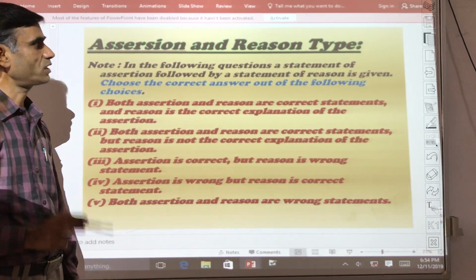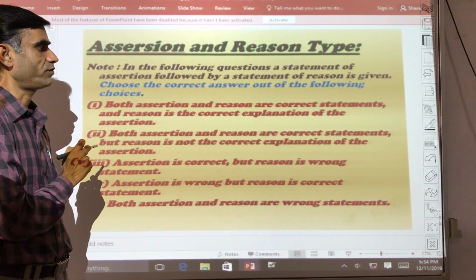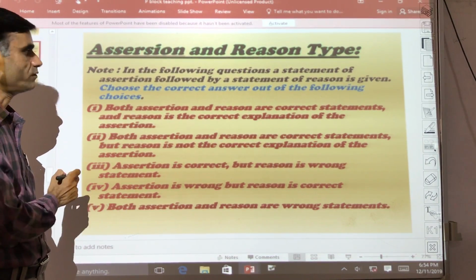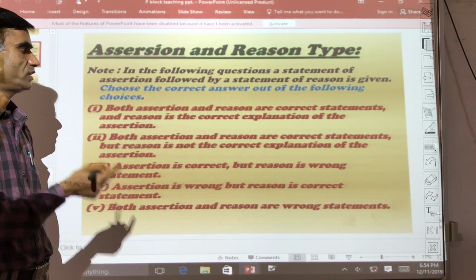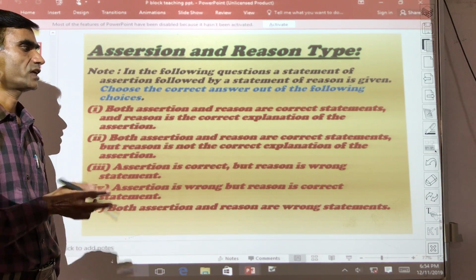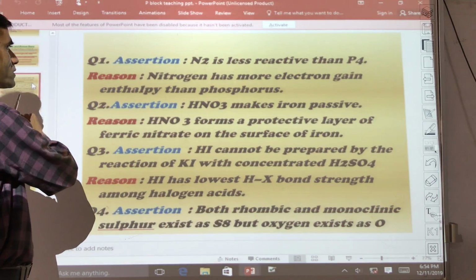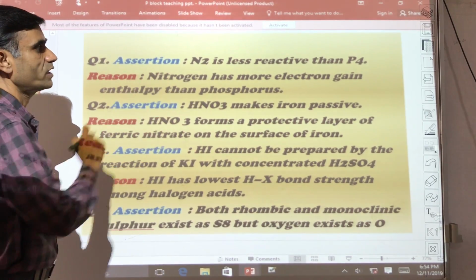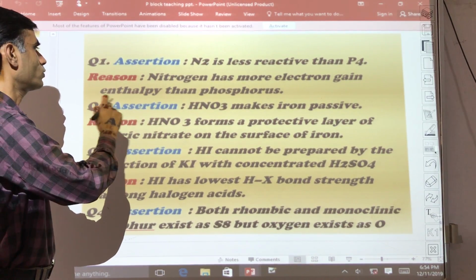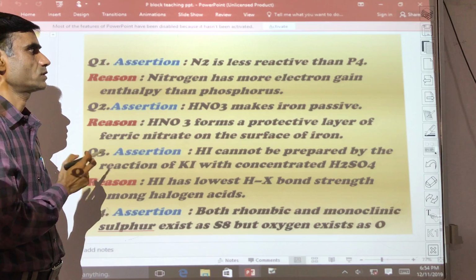One more type of question is also asked, assertion and reason type questions. That means out of 5 options you need to choose one answer: whether the assertion is correct, or the reason is correct, or both are correct, or both are wrong. On this basis the questions are asked. For example, N2 is less reactive than P4, and nitrogen has more electron gain enthalpy than phosphorus.